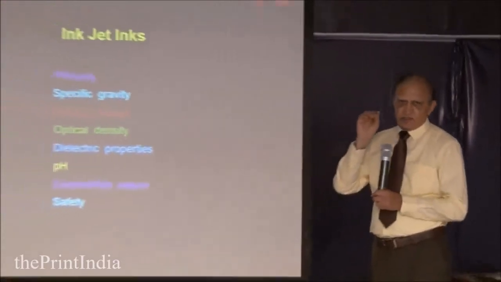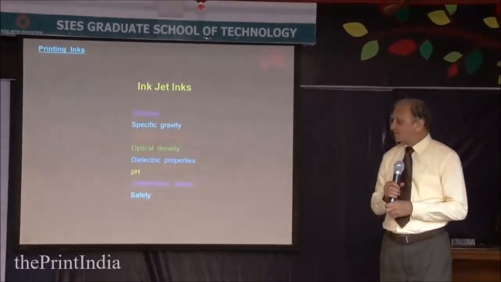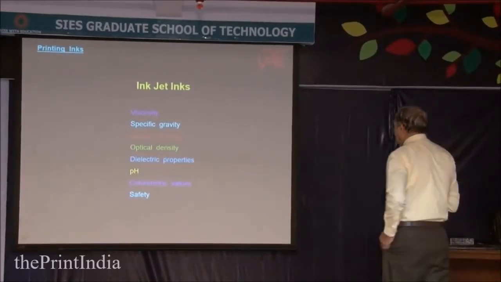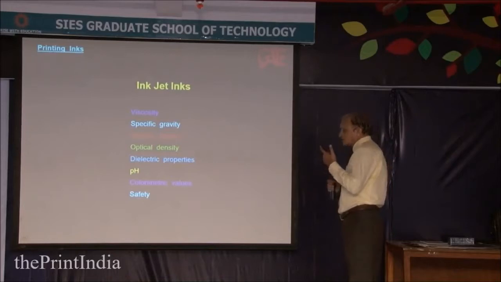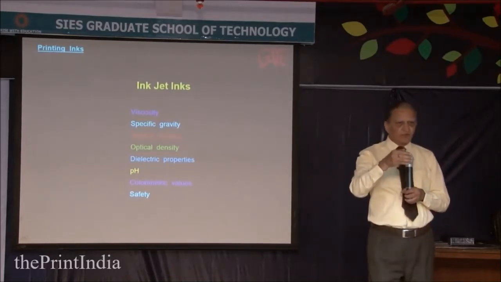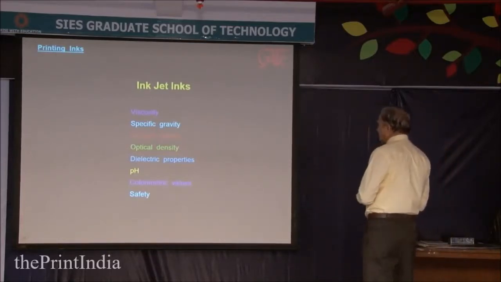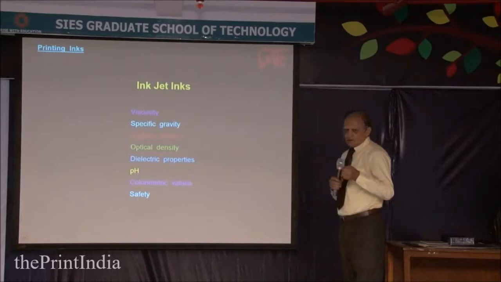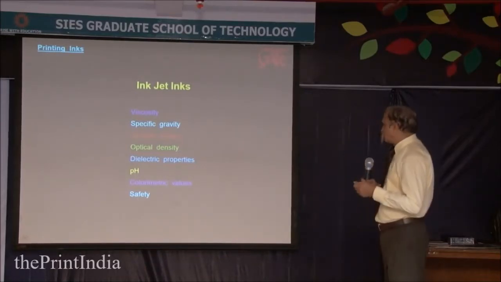Inkjet inks. This is another digital printing system where we use ink cartridges to deposit ink on the substrate. So you need to have the right viscosity, right specific gravity, right surface tension, because surface tension is very important for the ink to get easily transferred onto the substrate. Optical density, like we use the densitometer to measure ink deposit on the paper.